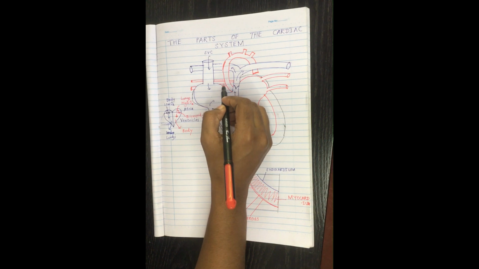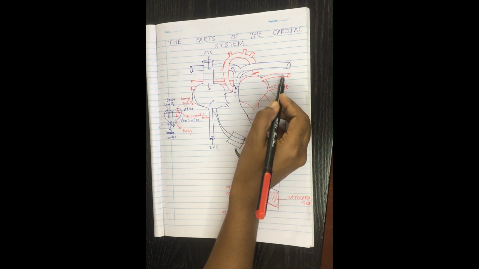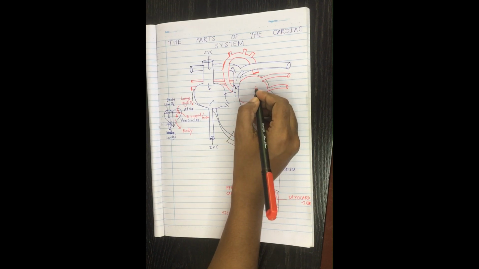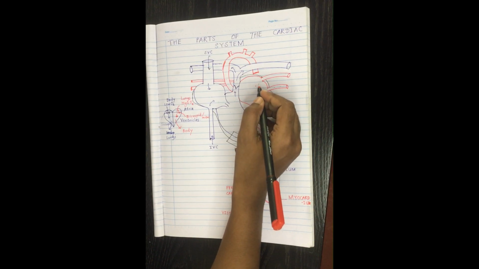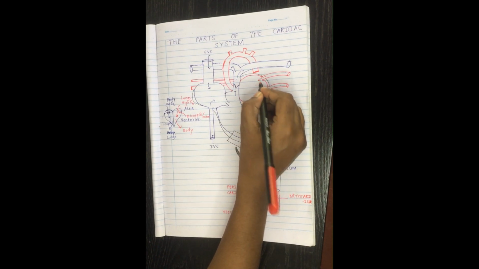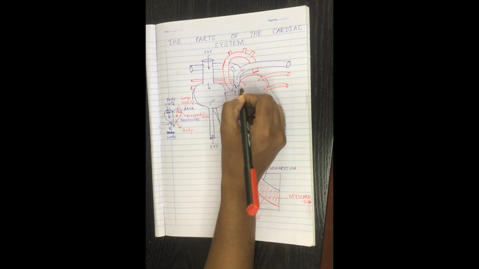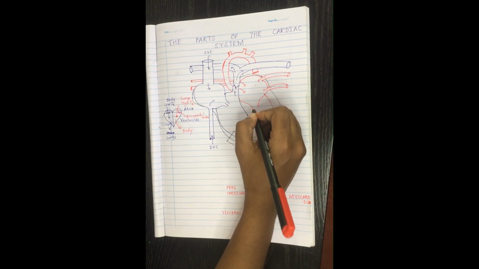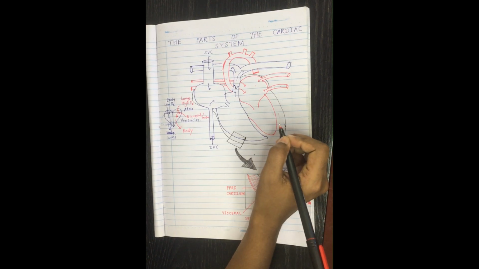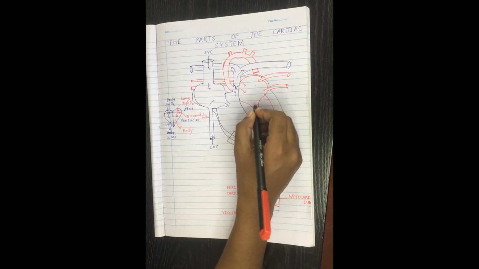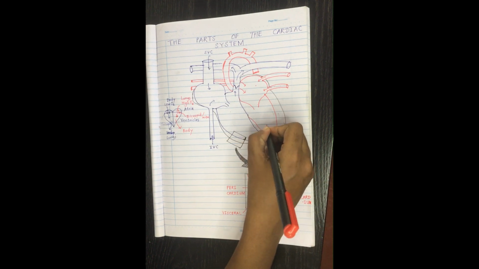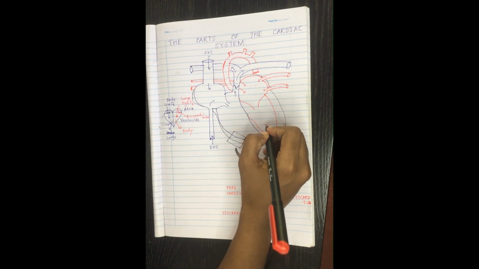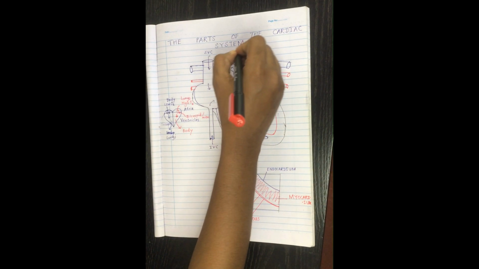These four are the pathway to get that into the right atrium. These collect the blood into the right atrium, and here you can see two valves called the bicuspid or mitral valve. Those two valves allow the blood to go into the right ventricle. From the right ventricle it takes it to the body.